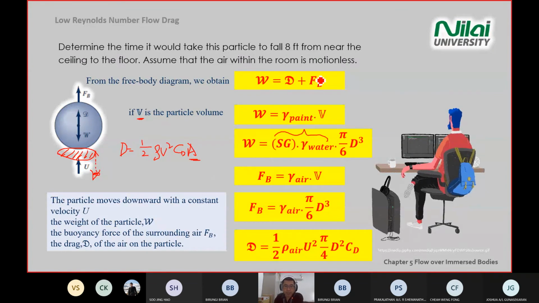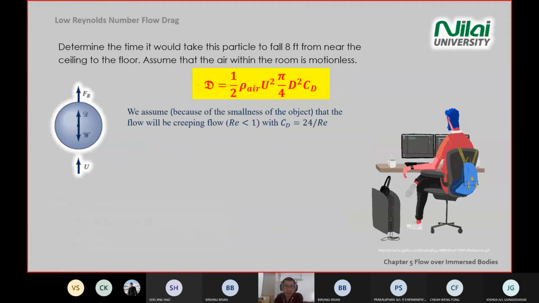And in this case, we assume, although the question does not say that this is a low Reynolds number, that it falls under this chapter.